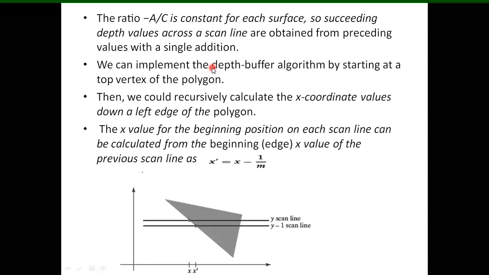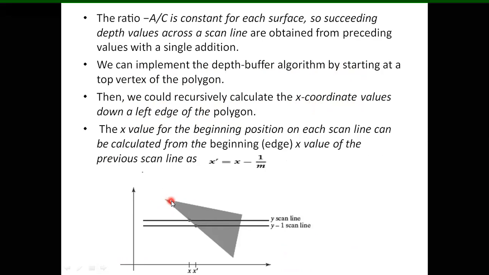We can implement the depth buffer algorithm by starting at the top vertex of the polygon, and then recursively calculate the z coordinate values from the left edge of the polygon. That means I will start from the top, and for each scan line and for each pixel, I will go on finding the z values.